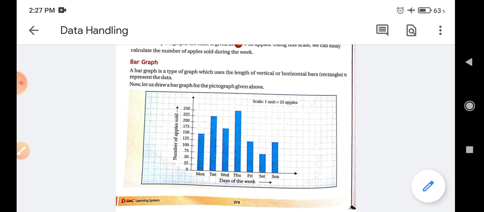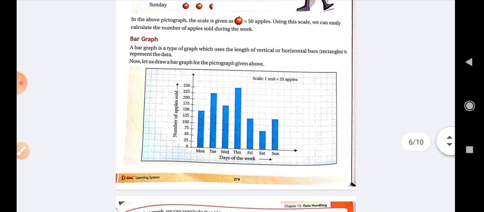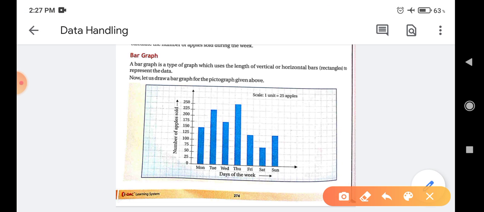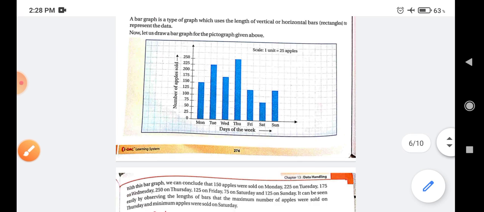So this is a bar graph. And we can answer questions like on which day the minimum number of apples were sold. On Saturday the minimum number of apples were sold because the bar of Saturday is shortest. In this way some other questions can also be answered.